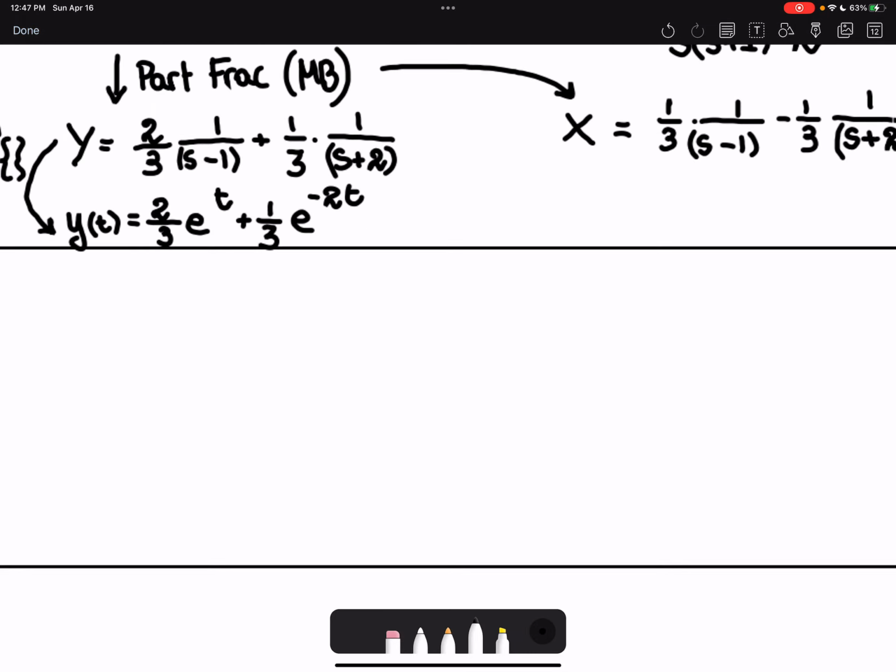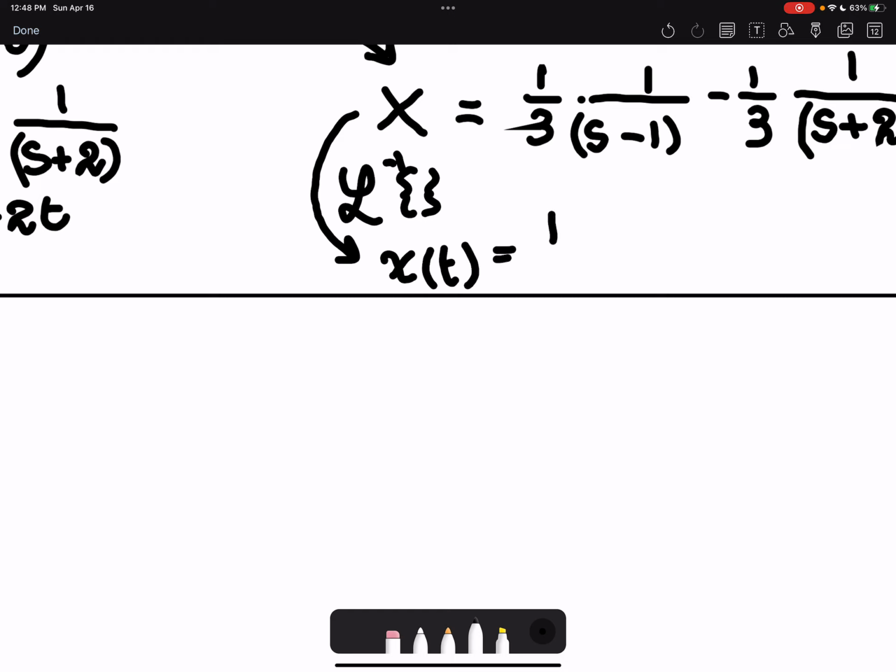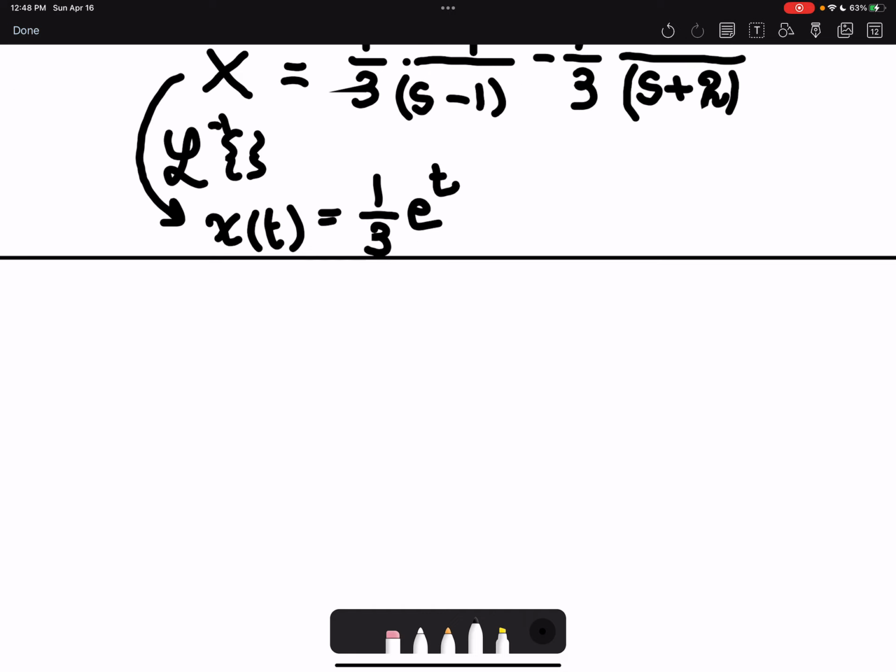And now I want to do my x. So I apply the inverse Laplace here as well. And I get x as a function of time is going to be equal to 1/3 e to the t, because again, this is 1 over s minus a, and that fits the pattern that I'm trying to match from the Laplace table.